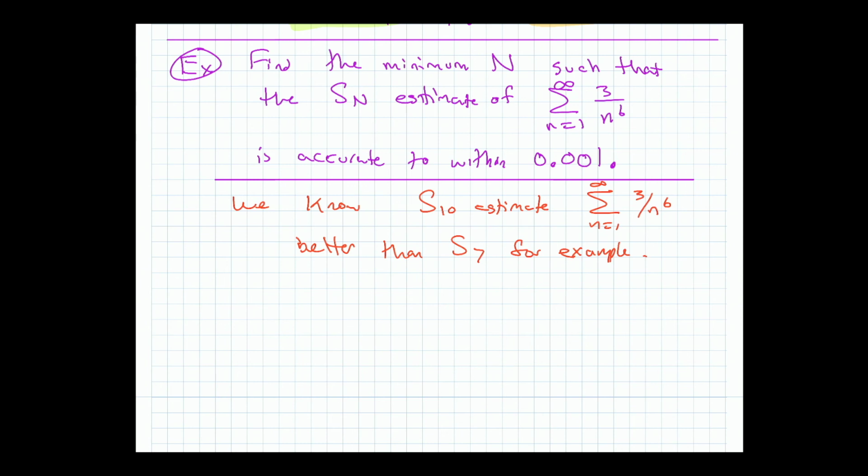Why is that true? Because we're supposed to be adding up from 1 to infinity. So 1 to 10 is better than 1 to 7, right? If you're supposed to be going from 1 to infinity. So we know that. We also know that the way you measure how close it is, the maximum error, comes from the remainder.